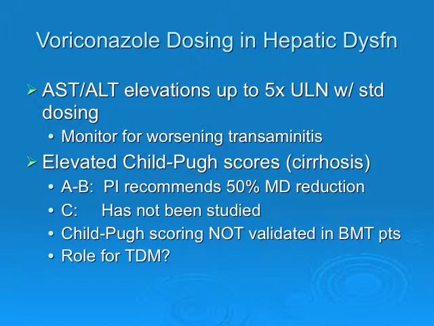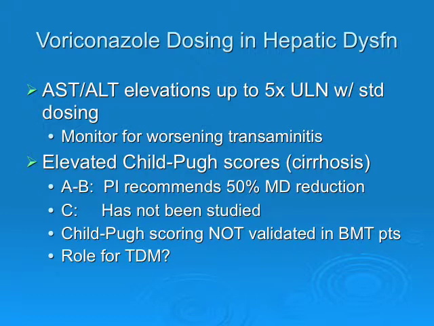Child-Pugh score C, severe cirrhosis, has not been studied. Now, this scoring system has not been validated for BMT patients, solid organ transplant patients, or patients who might have, say, a toxic acute hepatic dysfunction. So I think there's a role for therapeutic drug monitoring and for being a little cautious, particularly with patients with mild hepatic dysfunction by Child-Pugh score.